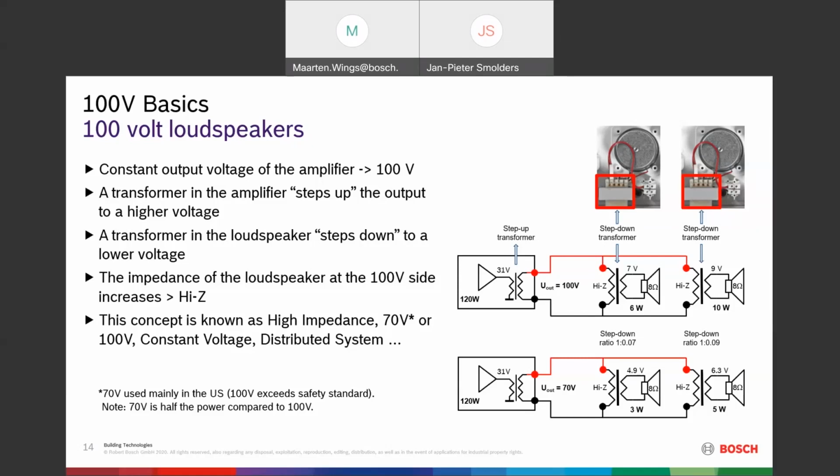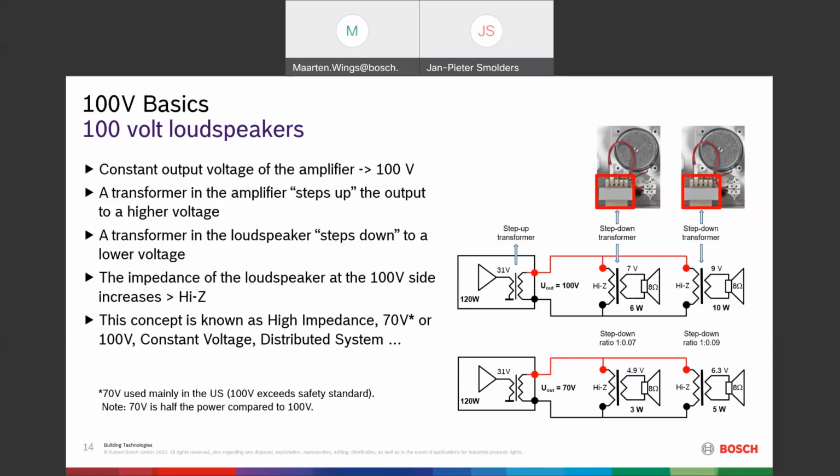Then in the example, if you look closely here below, there is the 70 volt. Some amplifiers will have a 70 volt connection. That means that on the primary side of the transformer inside this loudspeaker, you will have 70 volt instead of 100 volt.